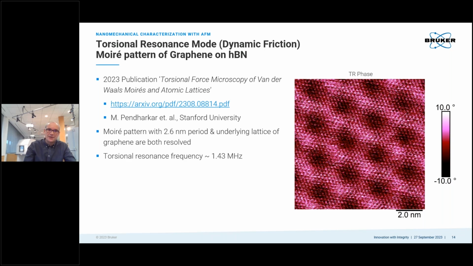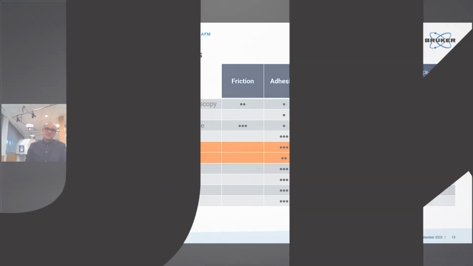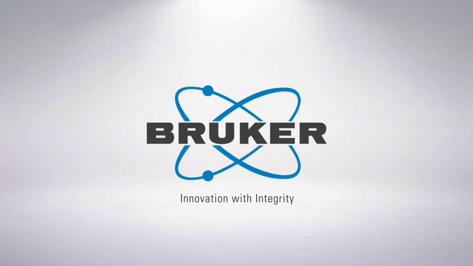What we're looking at here is a moiré pattern which has a 2.6 nanometer period, and we also see the underlying atomic lattice of the graphene. So this is a very nice illustration that this torsional resonance, or call it dynamic friction mode, can actually go down to an extremely high resolution. So leaving the resonance modes behind, we go to point spectroscopy.